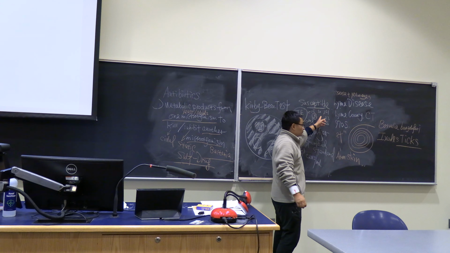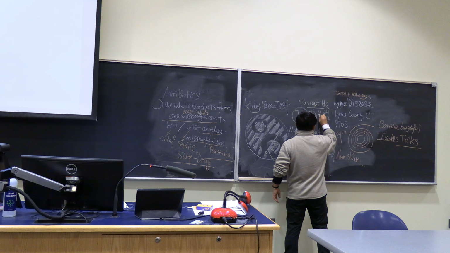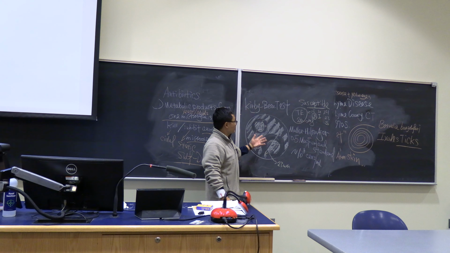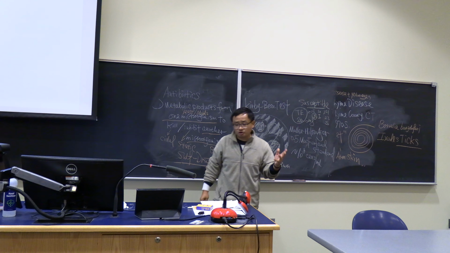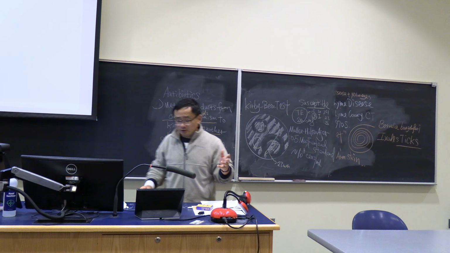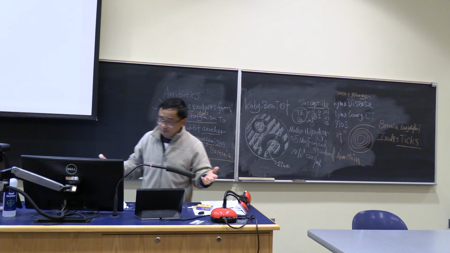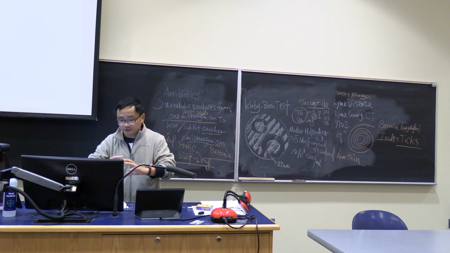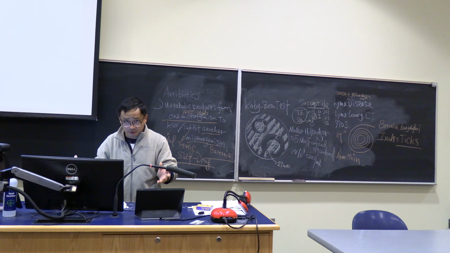But how about 20? This usually we call intermediate. Okay, so you can see the Kirby-Bauer test is a semi-quantitative test. They give you some number, but it doesn't exactly tell you the minimal inhibitory concentration.